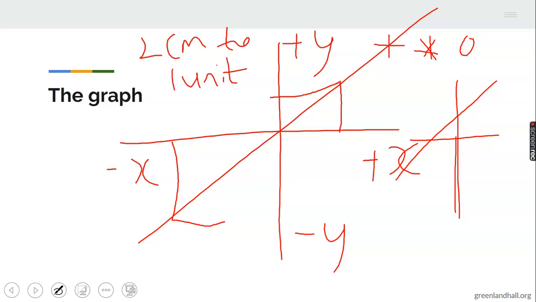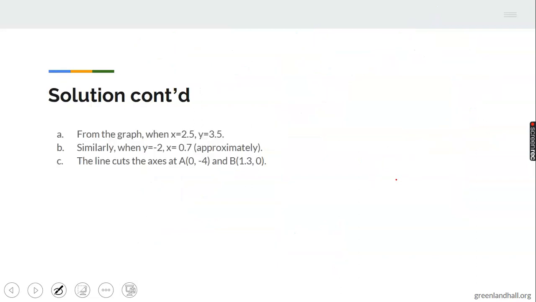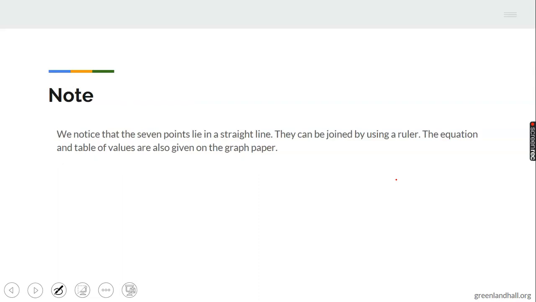So at this point, there's a value for y. You can read it, maybe it's 2 or 3. But on x, it will be 0. Now, at this other point, there's a value for x, but on y, it will be 0. So that is the meaning of that. So when x is 0, y is minus 4. When x is 1.3, y is 0.